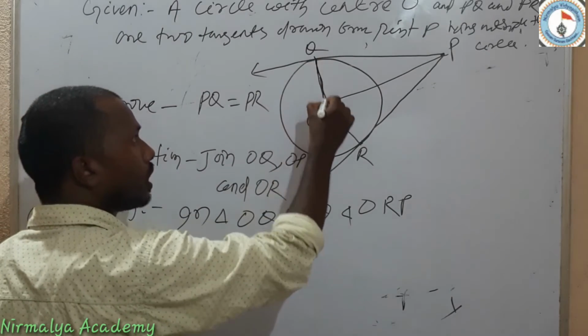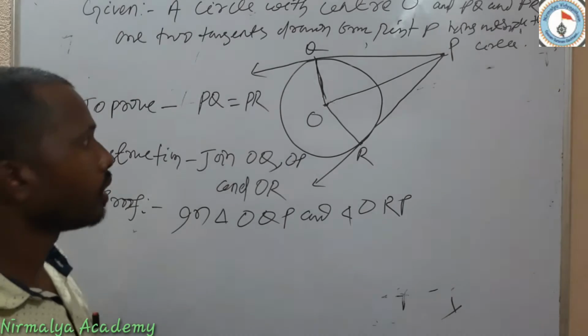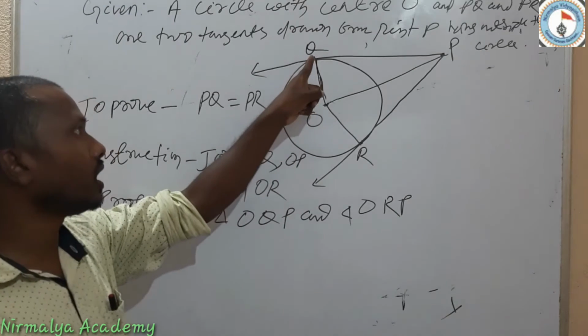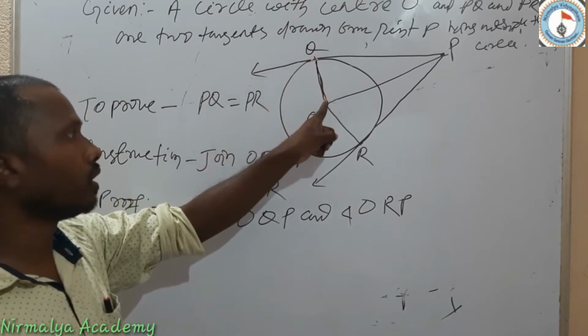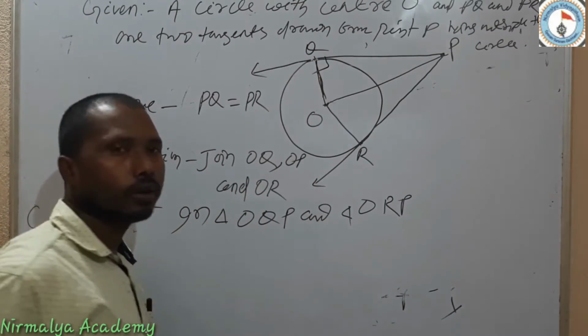OQ is perpendicular to PQ because in theorem 10.1 we have already discussed that the tangent at any point is perpendicular to the radius through the point of contact. That means it will be 90 degrees.